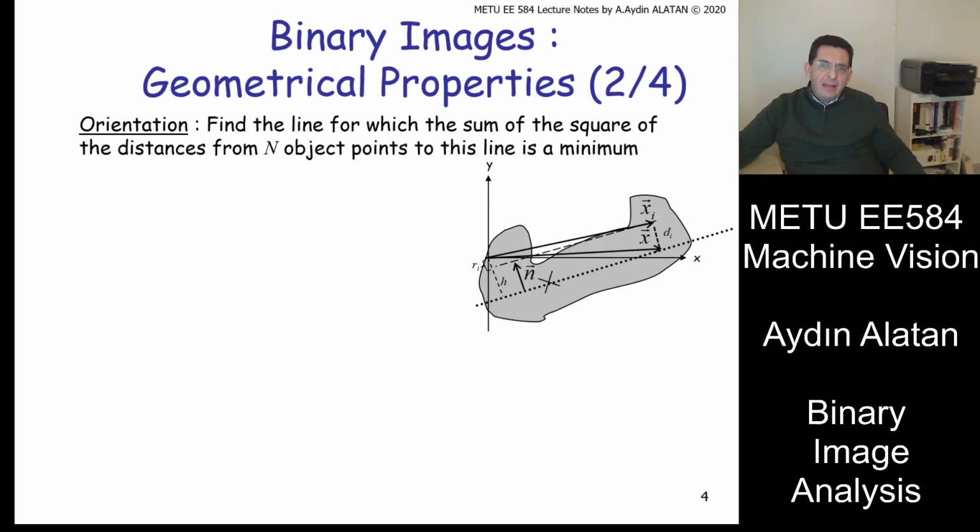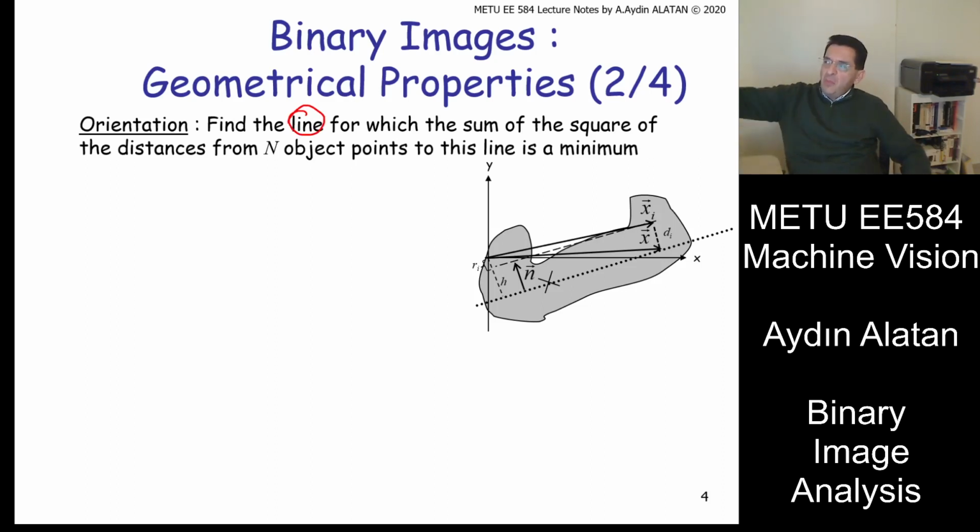Now, the second important concept is the orientation. Okay, therefore, I hope qualitatively everyone understands the meaning of orientation of a silhouette, orientation of an object, orientation of a ship, for example. But here, let's have a more formal definition. I'm talking about finding a line, the line of orientation.